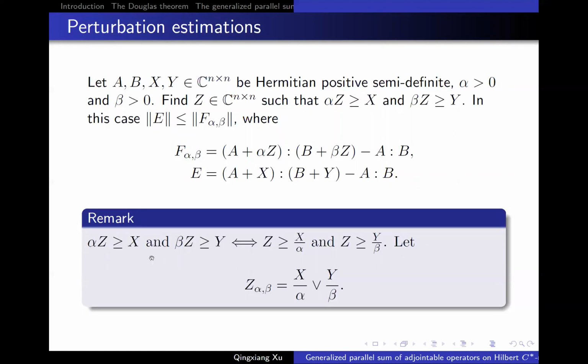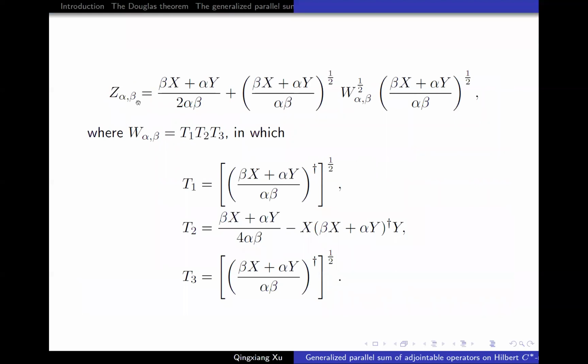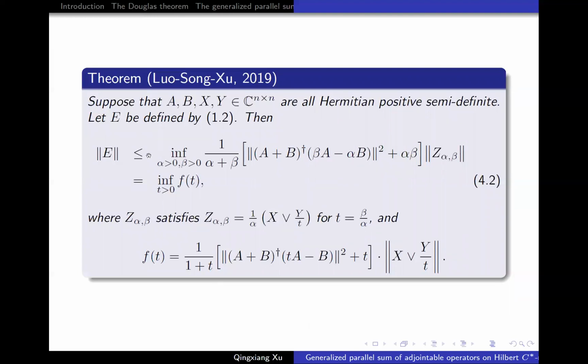Now let's look at this condition. Actually this condition can be changed into this condition. And I have already shown that we can use the same semi-commutative technique, so we can construct Z alpha beta in this way. Since we consider things in the matrix case, a concrete form of Z alpha beta can be given in this way. It looks somehow complicated, but it really works. Why? Because we can give an upper bound of the norm of E in this way.